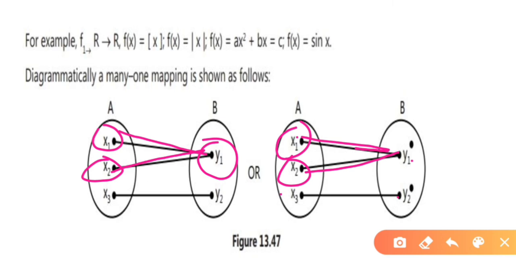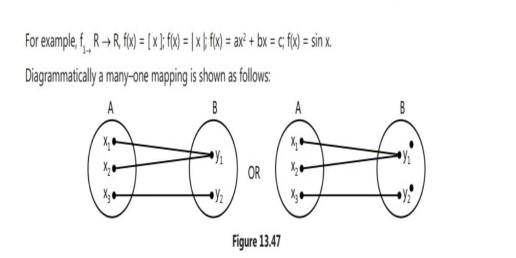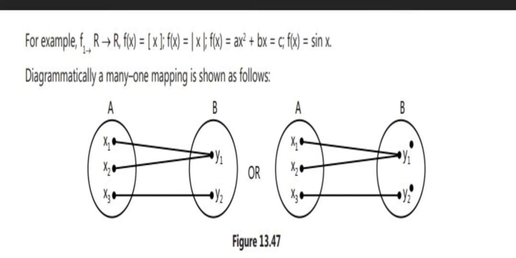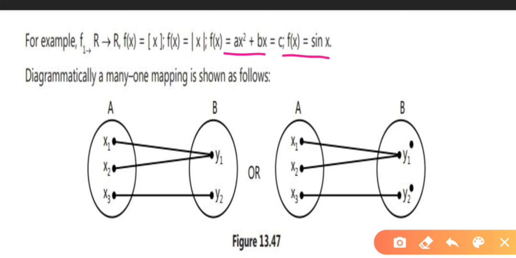Two or more elements having the same image in set B is nothing but your many-one function. Got it? You can take some other examples also, like ax square plus bx plus c, or f of x equals sin x, or f of x equals mod x.